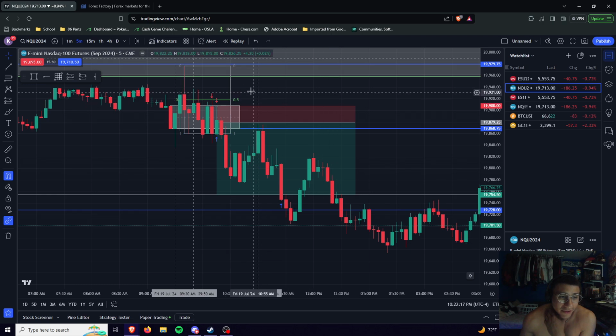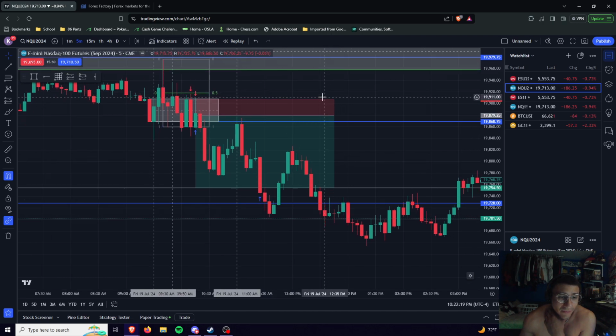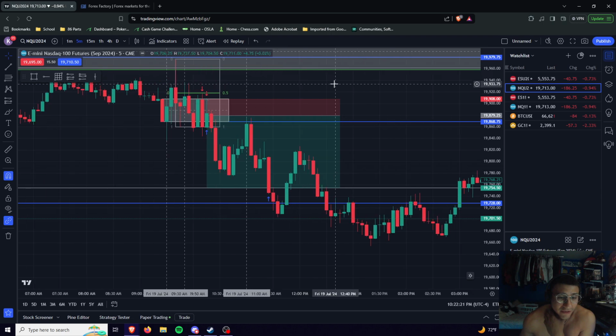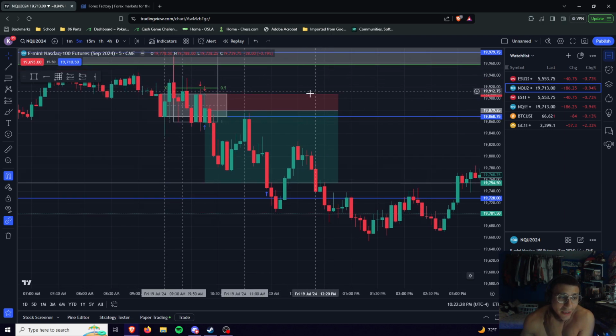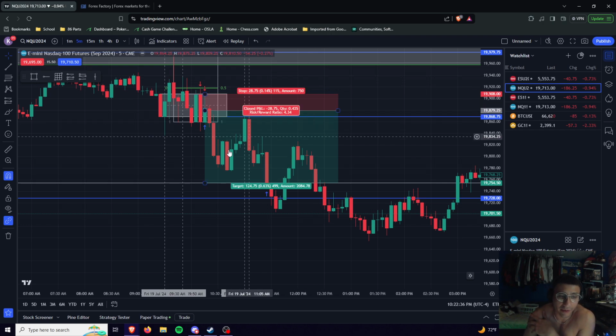I'm not sure. Regardless, my daily bias was right. Everything was correct about the second one that I took. Yeah, maybe I could have had a different stop loss so I wouldn't have gotten stopped out. But all in all, it's a pretty solid trade. Probably should have targeted my lows a little bit.